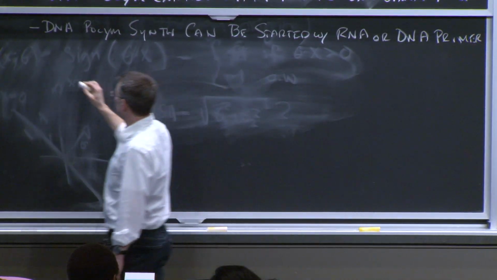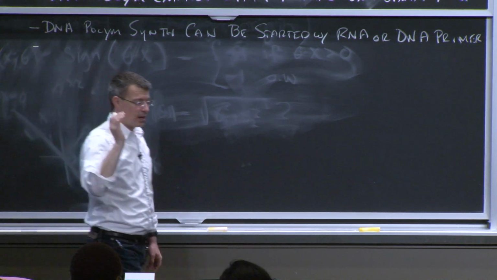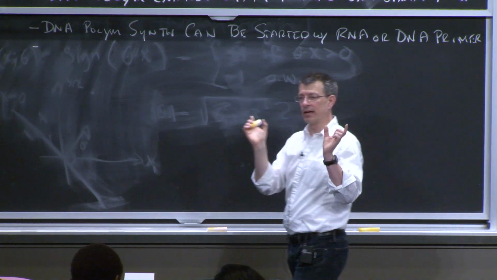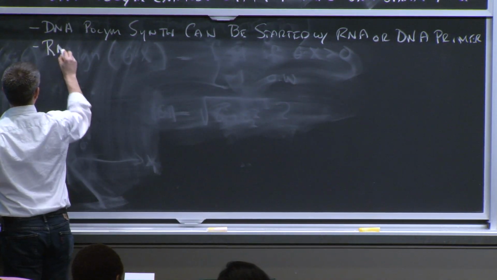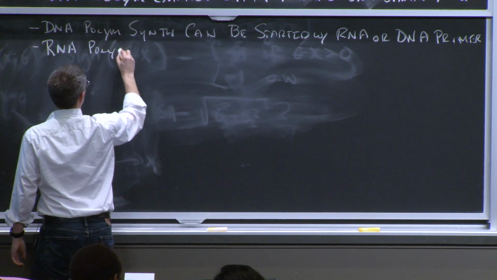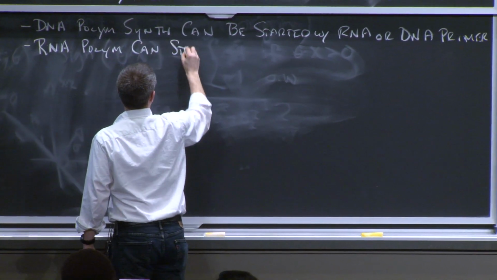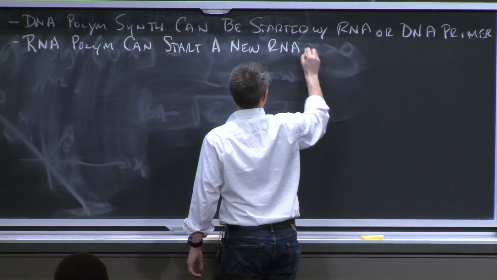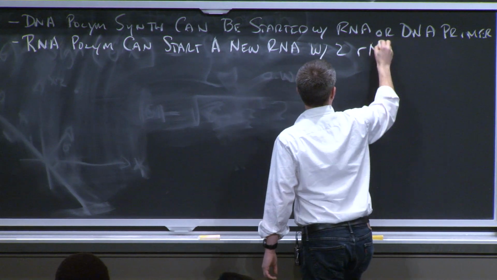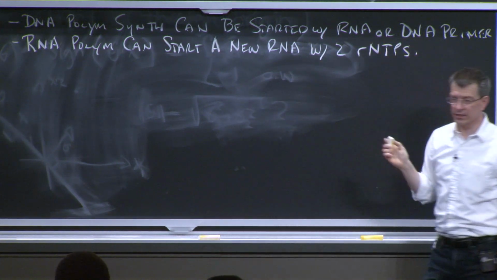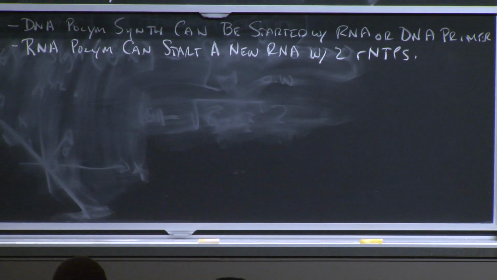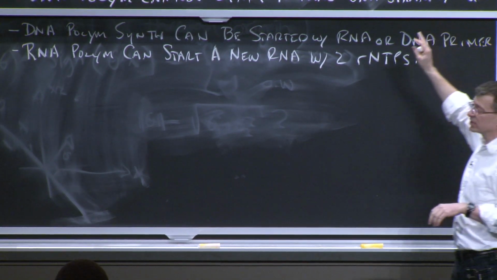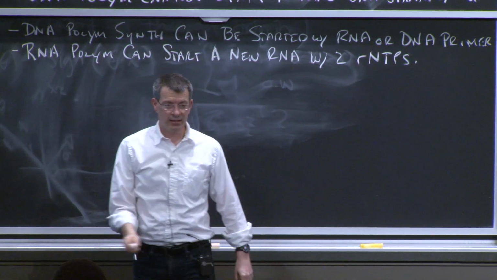And the other important thing to know is, unlike DNA polymerases, RNA polymerases can take two ribonucleotides, put them together, and start a chain. Okay? So they can take two ribonucleotides, put two together, and then add a third to that, and a fourth, a fifth, a sixth. And in this case, on average, it'll make 6 to 8 of these.